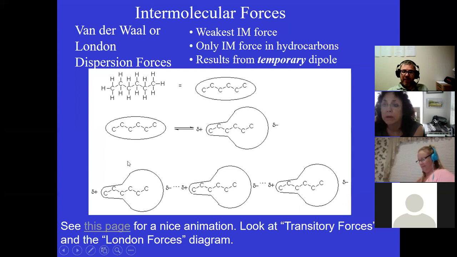So what that means is that they can line up because you've got this attraction between the delta plus end and the delta minus end. That's the attraction. And that attraction is what keeps the molecules close together, Julie. Okay, so the top one and the middle one are only one molecule and the bottom one is three. Is that what you're saying? That's what I'm saying. Is that all right?